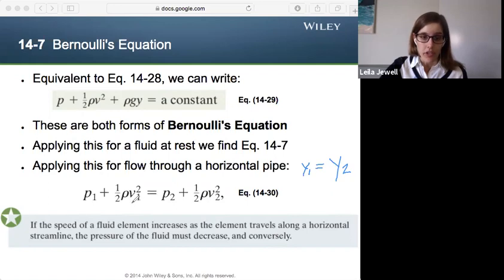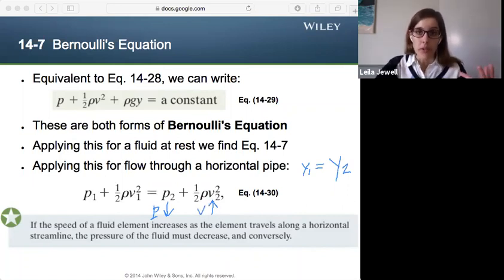So if for some reason the speed, like v2, is greater than v1, well, we know that we need to get to that constant value. So if the speed goes up, that tells us the pressure must go down, where this is my pressure P, not a rho, and this is my speed going up.